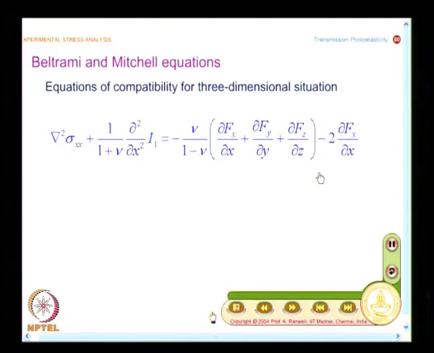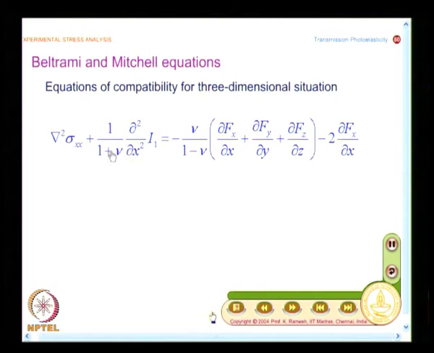The right hand side still goes to 0, but the left hand side has this nuisance Poisson ratio. So, the moment you come to a 3-dimensional problem, Poisson ratio change will affect not only the magnitude of the stress, but even the distribution. It is dictated by Poisson ratio, never forget this.